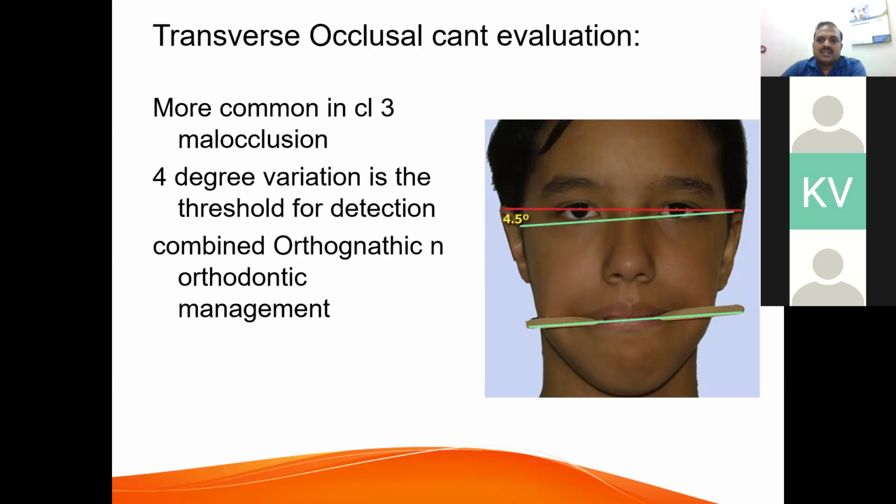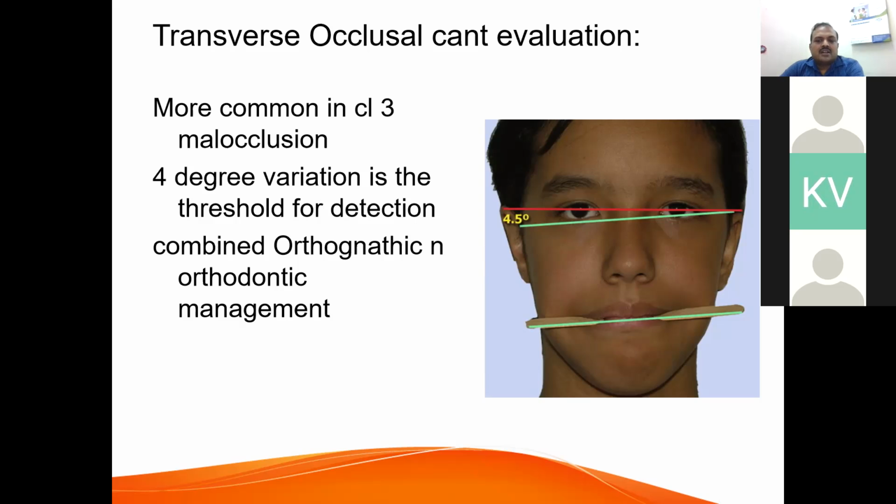So how do you measure the occlusal cant? Ask the patient to bite on a tongue blade, the wooden spatula, in the molar region, and take a facial photograph in a 1:1 ratio. And here, provided the deformity is in the dentofacial region, not in the cranial area.